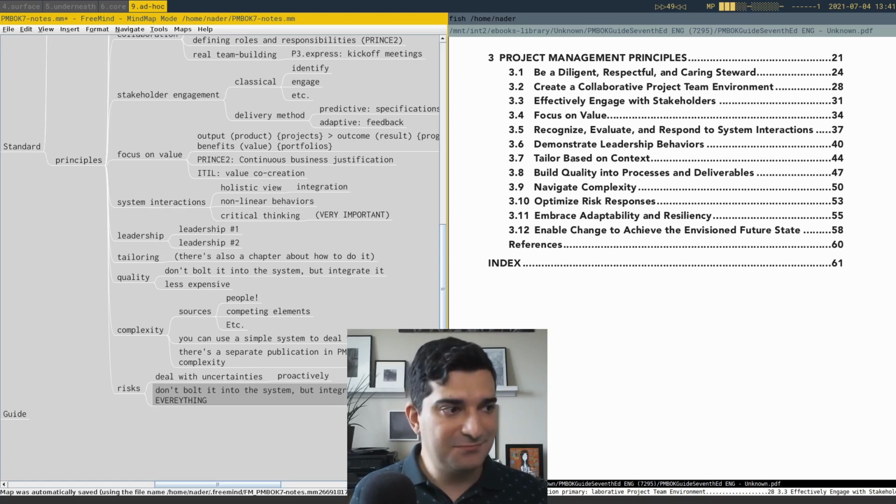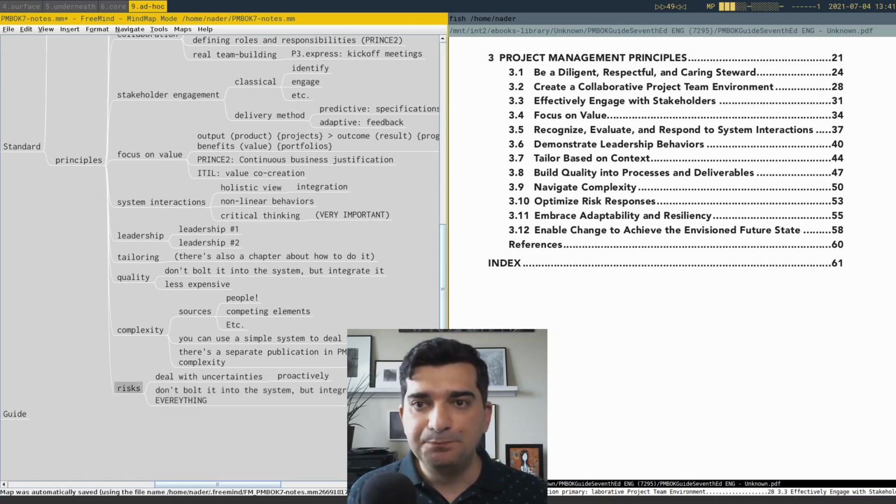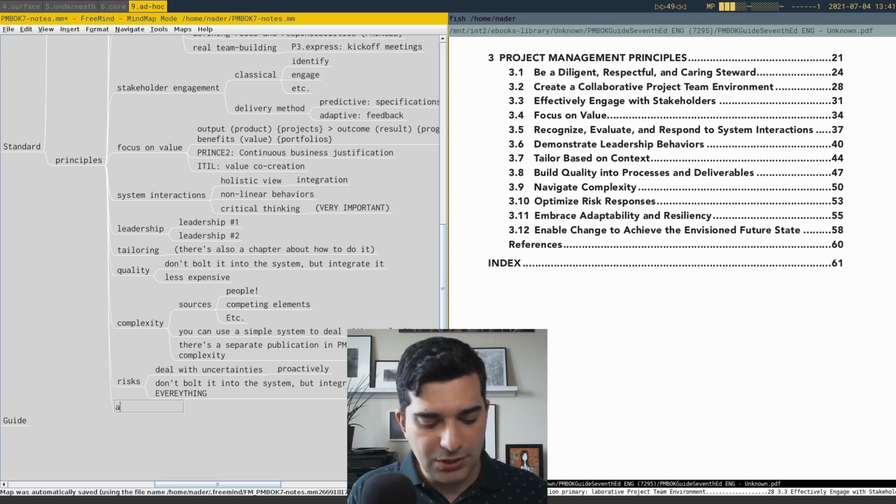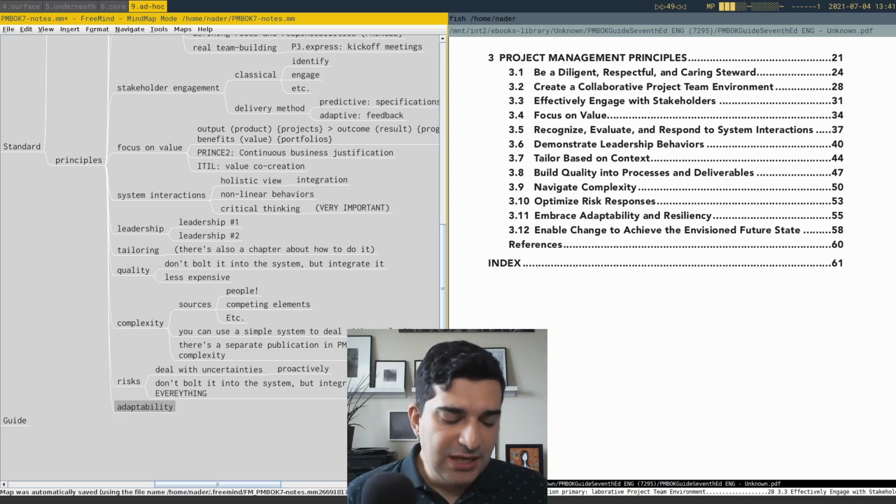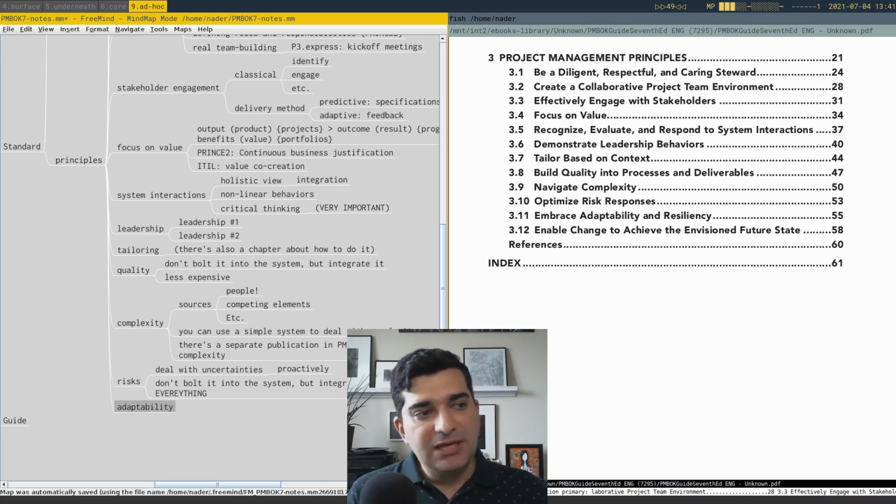That's when you can really take advantage of your risk management system. Okay, the next one, adaptability. Now here things may become a little bit confusing for some people.